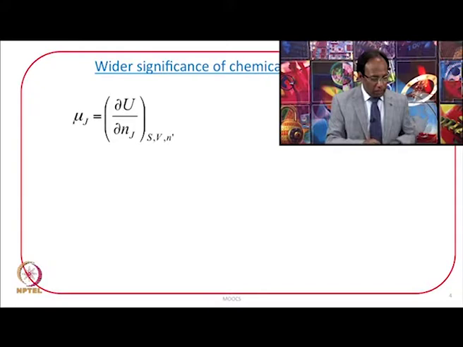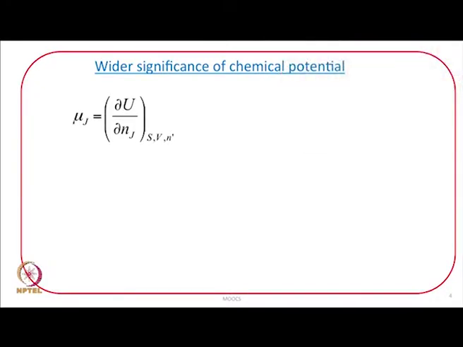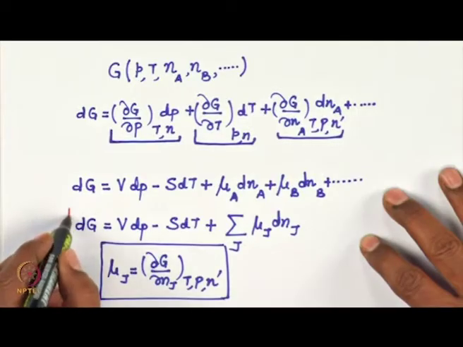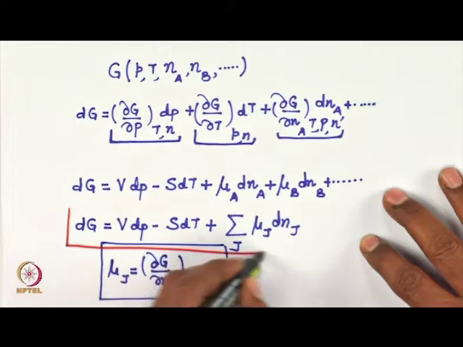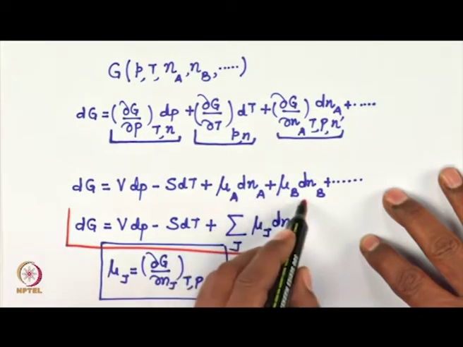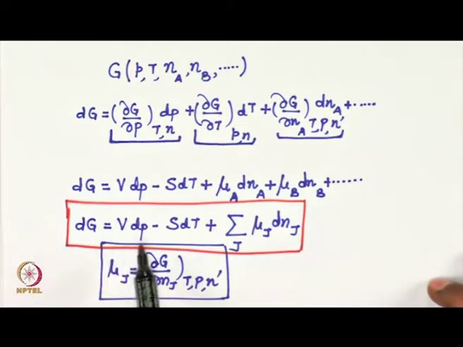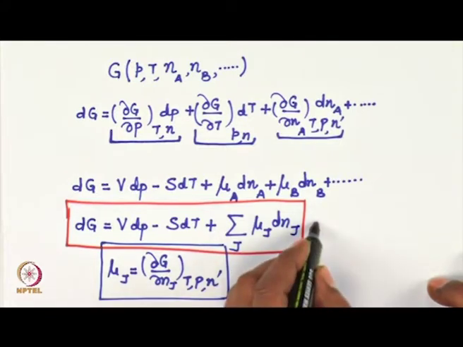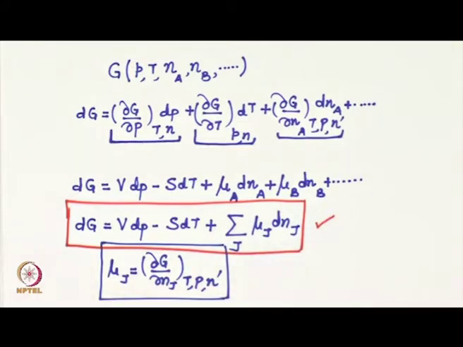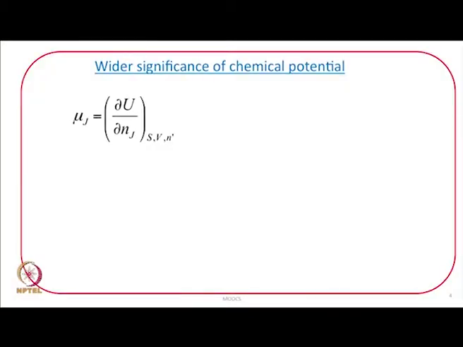It is very easy to derive that, but before doing that, let us keep this equation in mind, because I will be using this equation again and again: dG is equal to VdP minus SdT plus summation j mu j dnj. This equation I will be using.